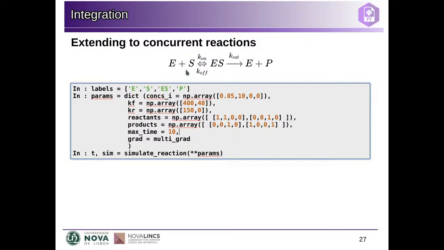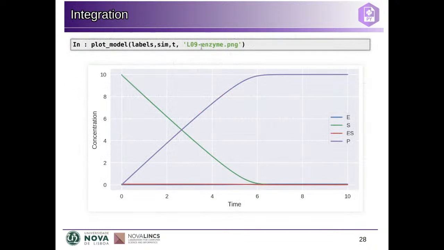Okay, so now we create this dictionary, we send it to the simulate reaction, and you can see here the results of plotting this model. Here you can see the products being generated, and then they are no longer created because the substrate is all consumed.